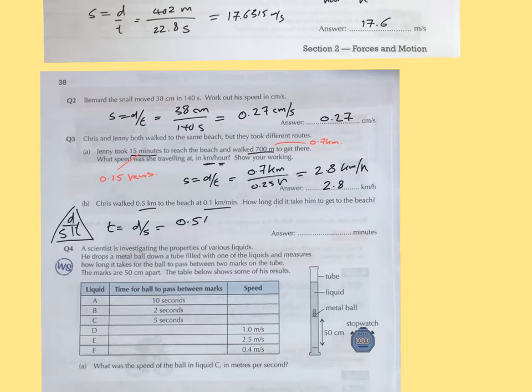The distance is half a kilometer, 0.5. The speed is 0.1 kilometers per minute. Again, use your calculator. That equals 5, and it's kilometers over kilometers per minute, which gives just minutes. So the answer is 5.